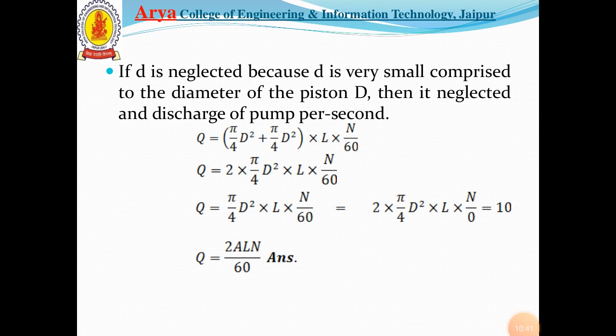By simple calculation, we get the discharge equal to twice pi by 4 D square into L into N by 60, or finally we can get Q equal to 2ALN upon 60.